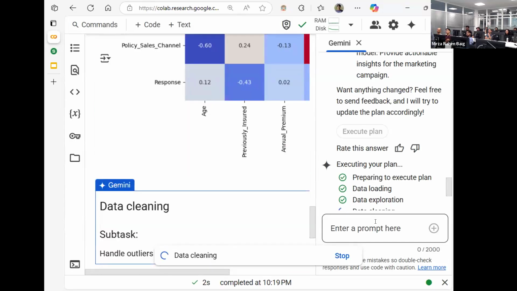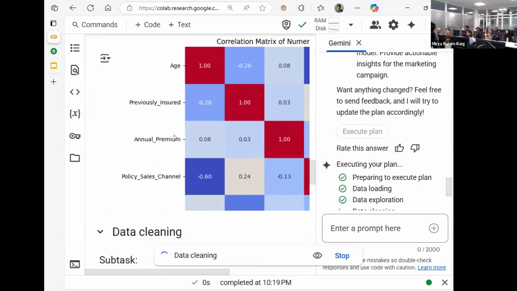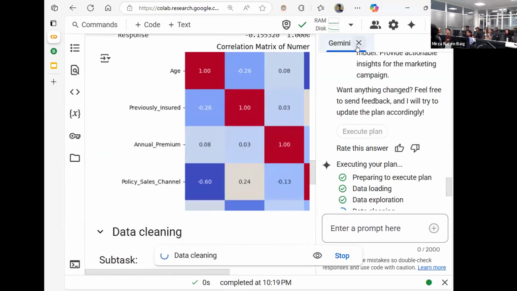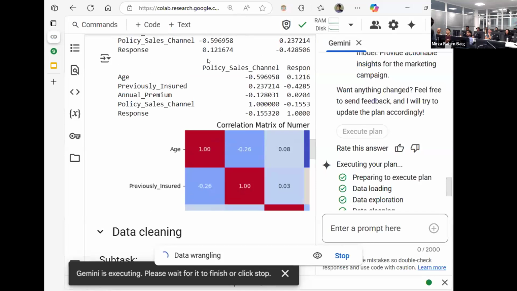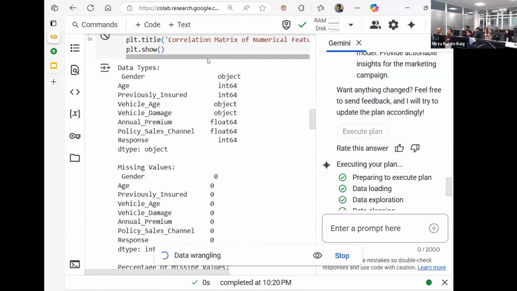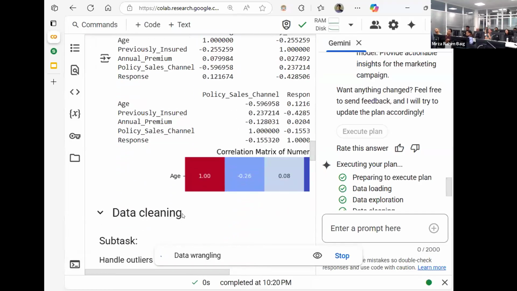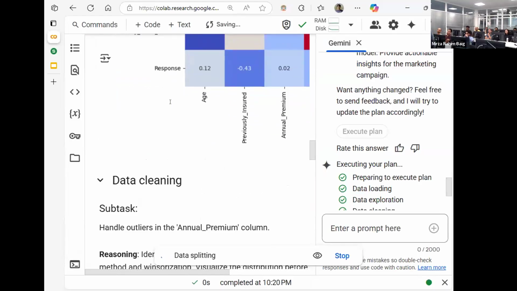There are some nice views it is making. It's made this view about what the correlations of the data set are. You can see correlations between this and that. It gives distributions of response rates, missing values, all of this. Correlations are also done. So it gives me a sense of what is correlated with what.